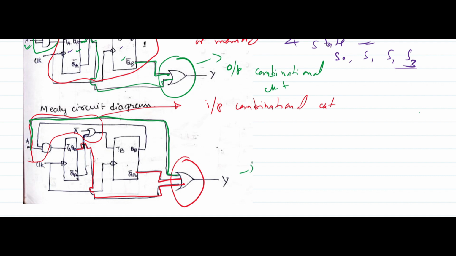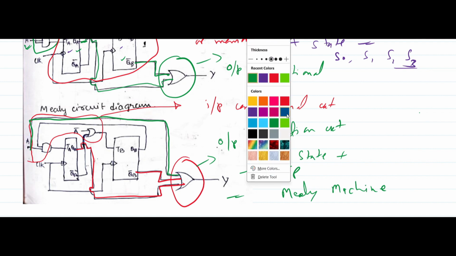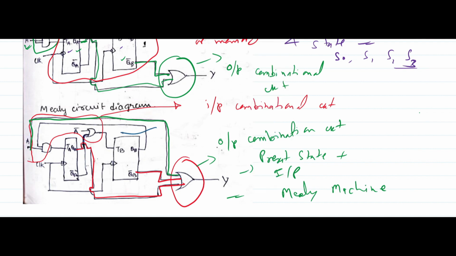So now my output depends on the present state plus the input. This gives me a Mealy state machine, and this block is the output combinational circuit. The remaining part represents your flip-flop or memory element part.